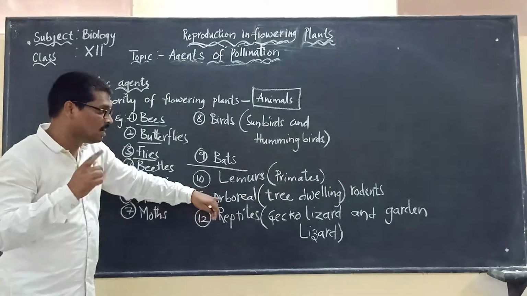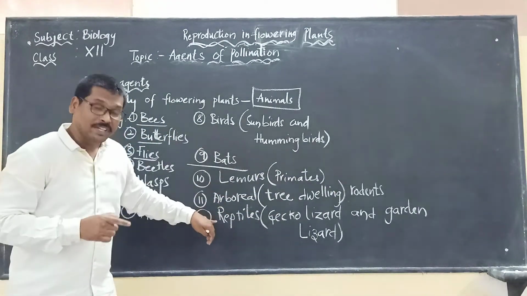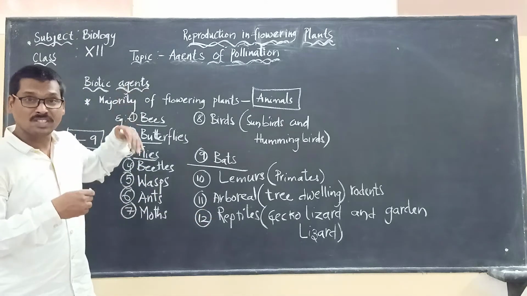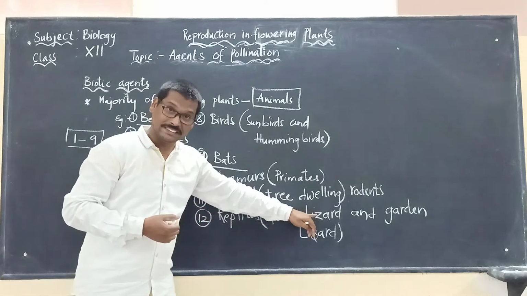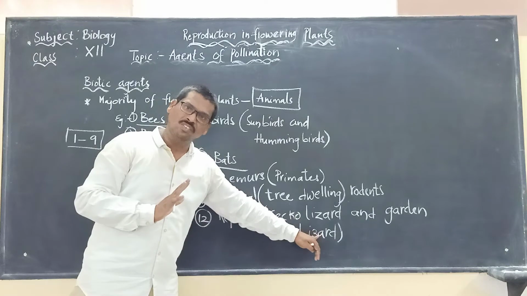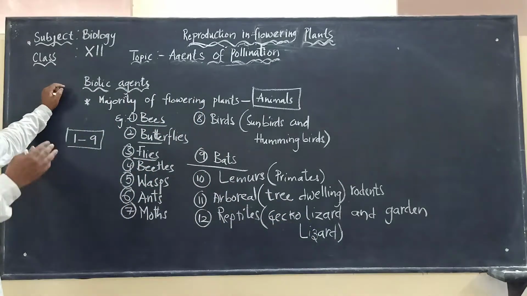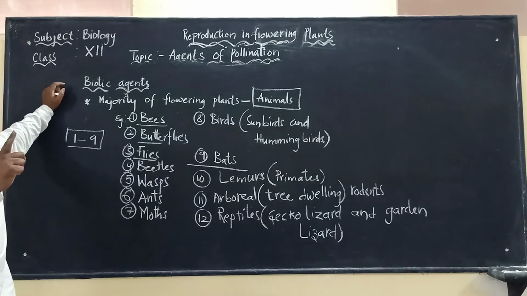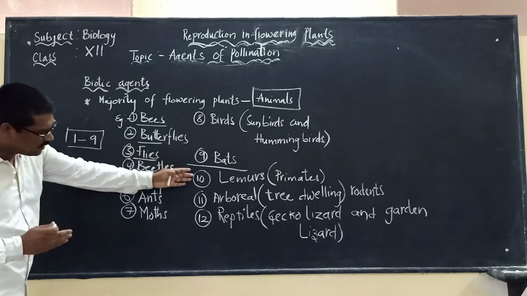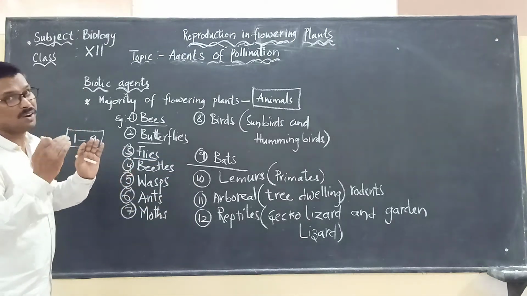Reptiles have also been identified as participating in pollination, like the gecko lizard and the common garden lizard. So 1 to 9 are common pollinating agents, and 10, 11, 12 have also been identified as pollinating agents.